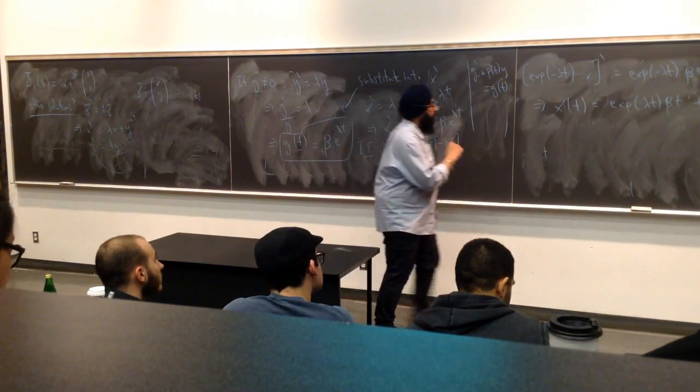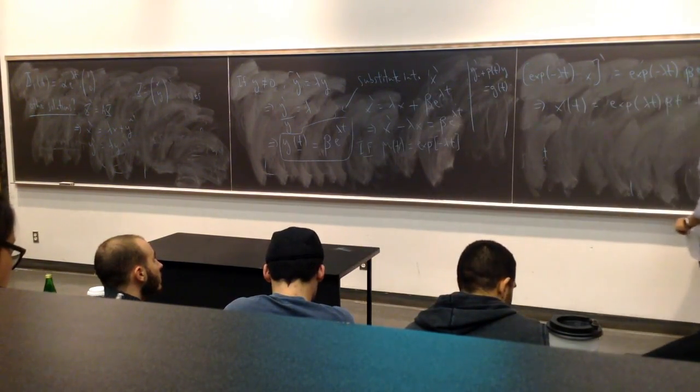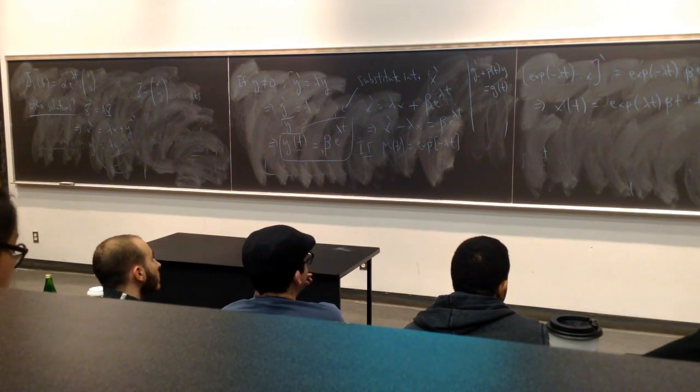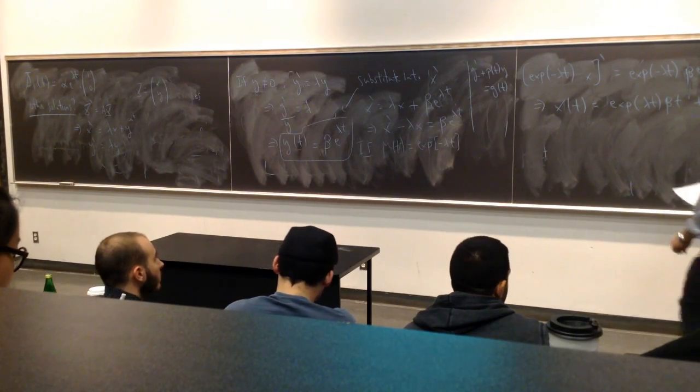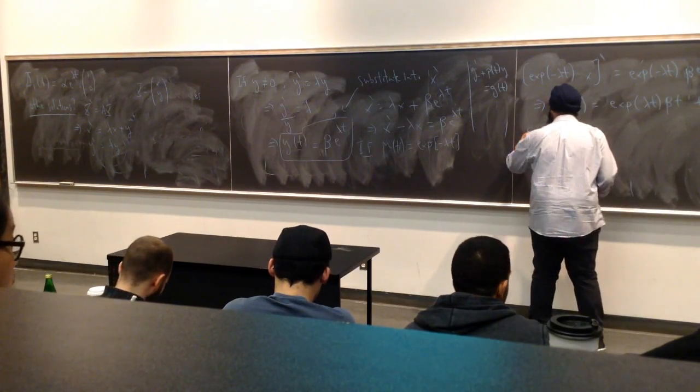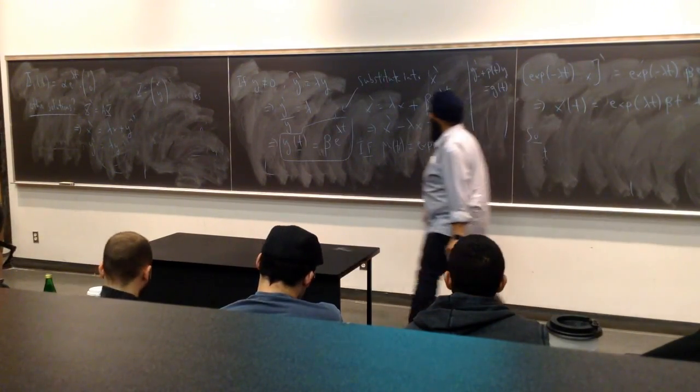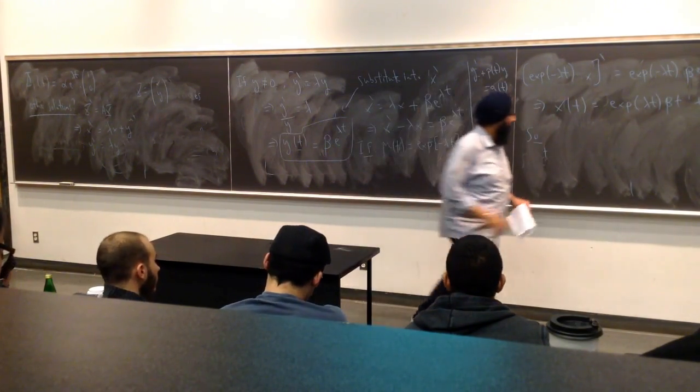I use the same notation for my constant, so maybe I should use something else. Let me use gamma instead, because I call the integrating factor mu, I don't want to use it. So therefore, we've solved the system. We have an x of t solution, and we have a y of t solution.